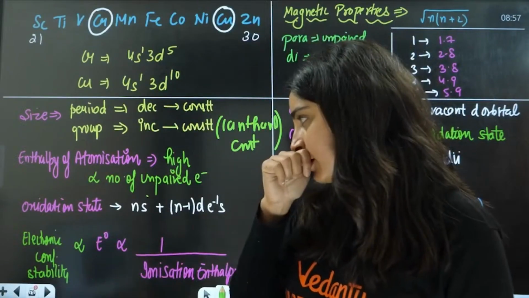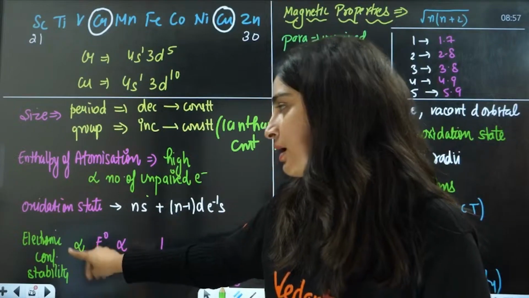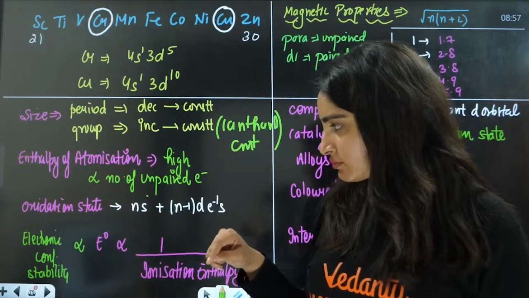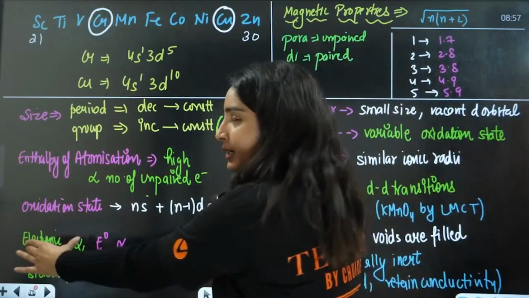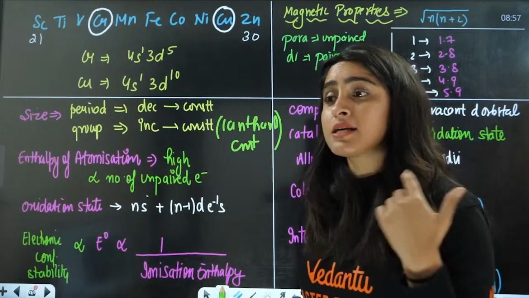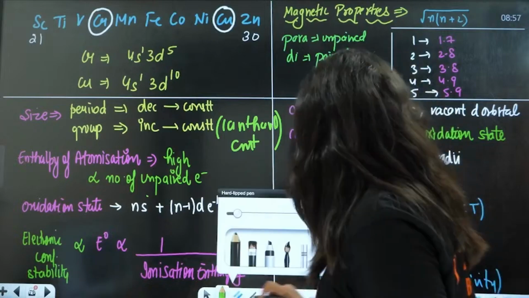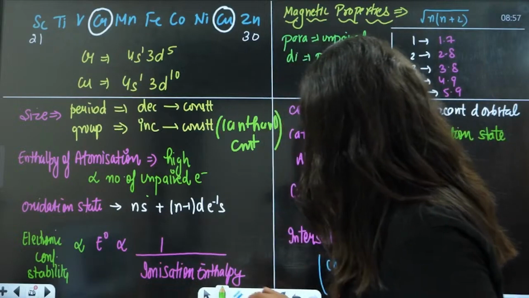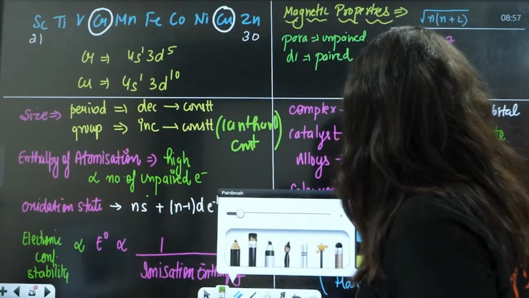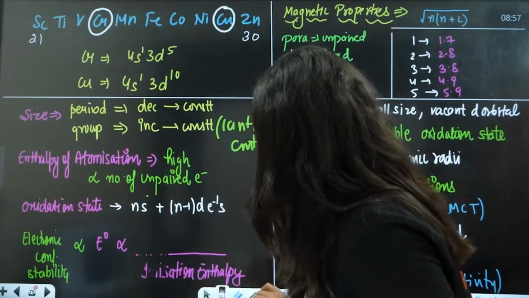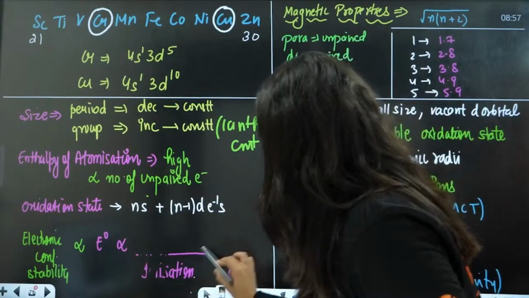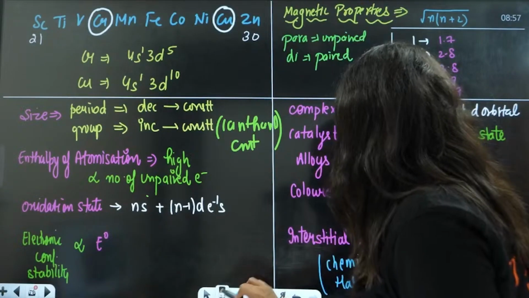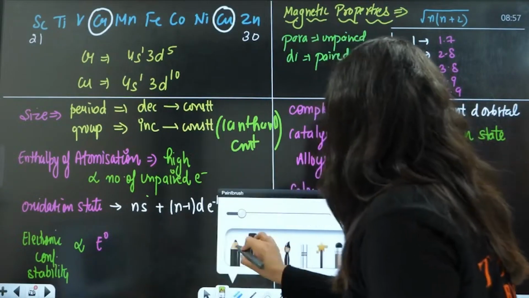If it is half filled or fully filled, ionization enthalpy is high. We can't say this is inversely proportional, so I'm writing it here for you.